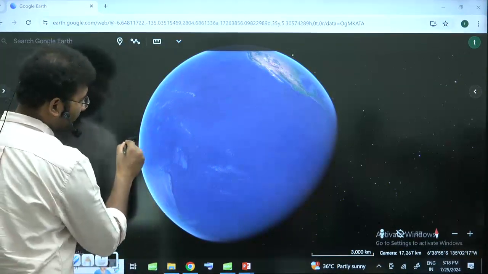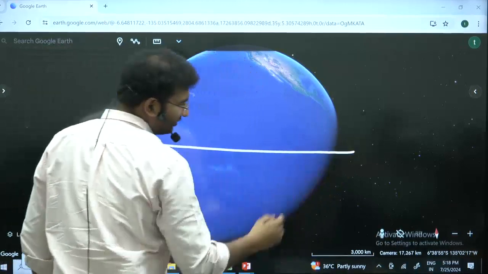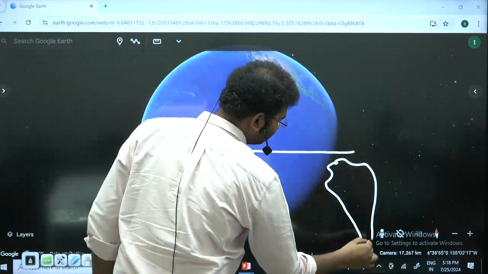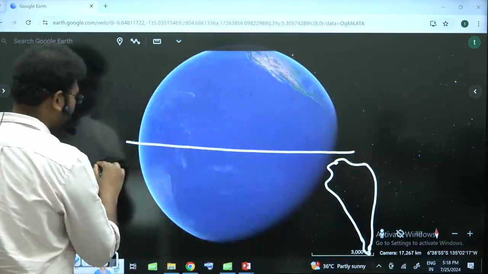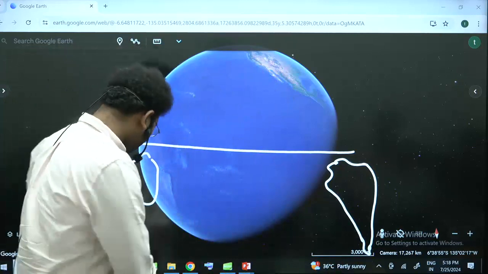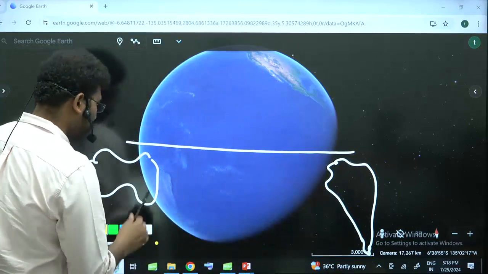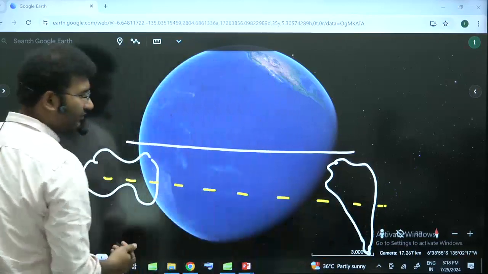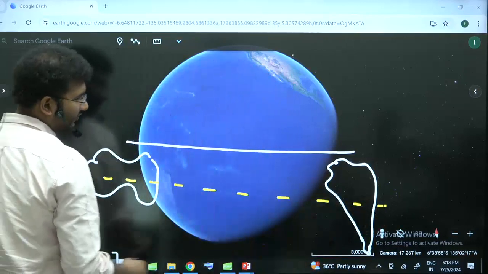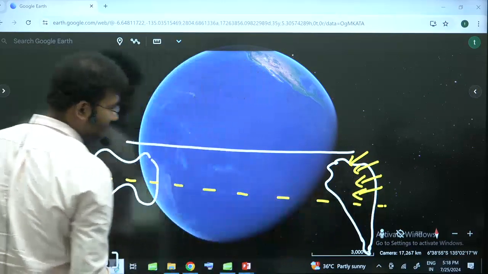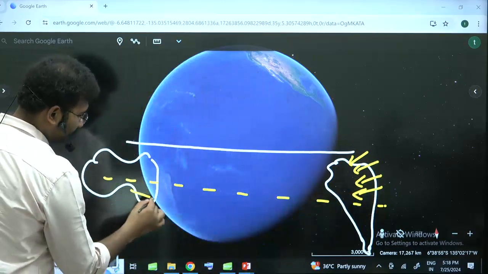So look, this is your South America. Here I am drawing South America. And this is your Australia. Right? Look here. Imagine this is Tropic of Capricorn. So what kind of winds do you have here? Easterlies.